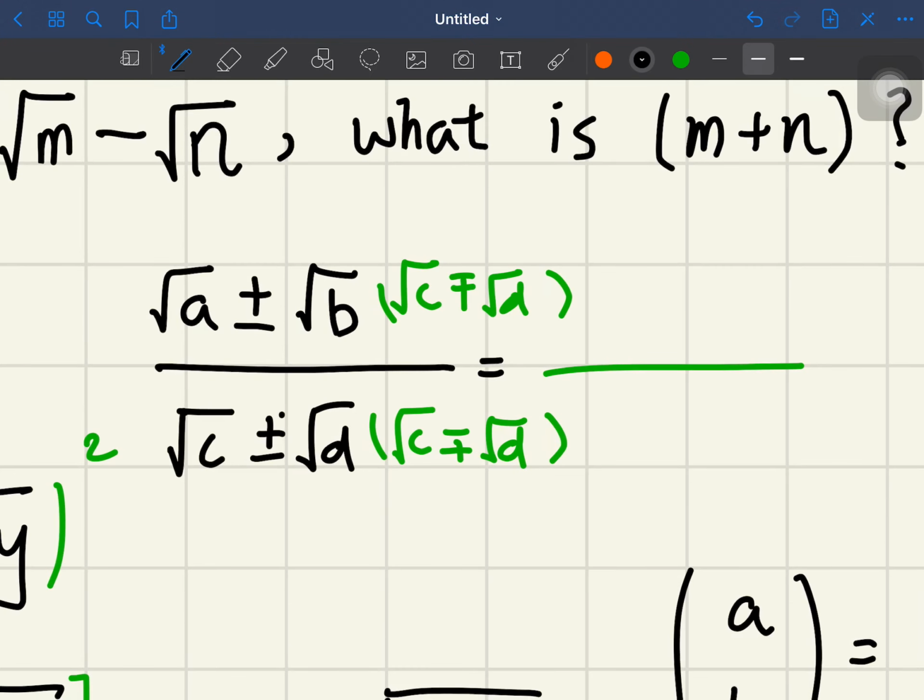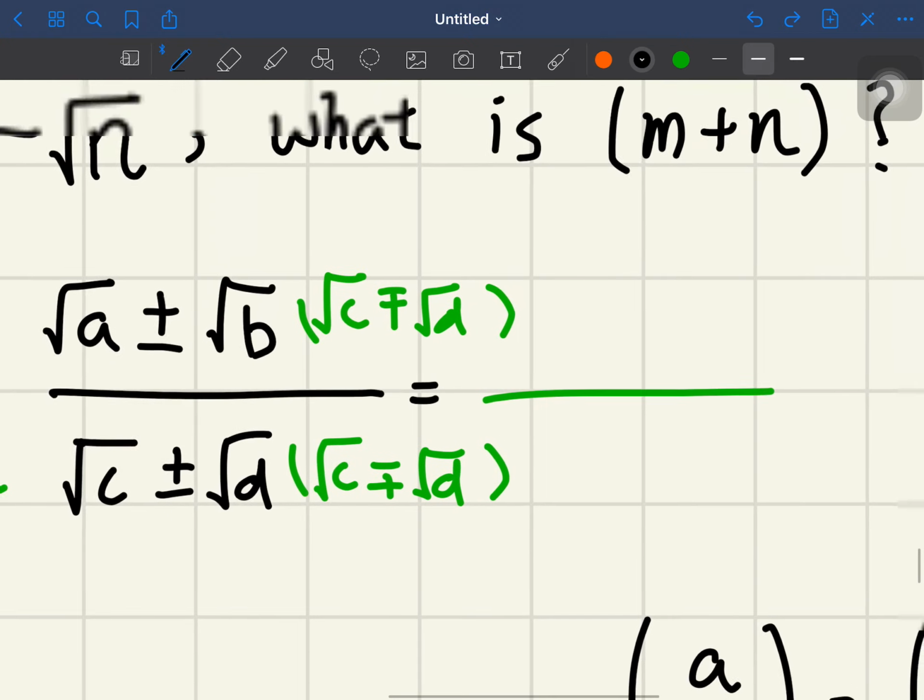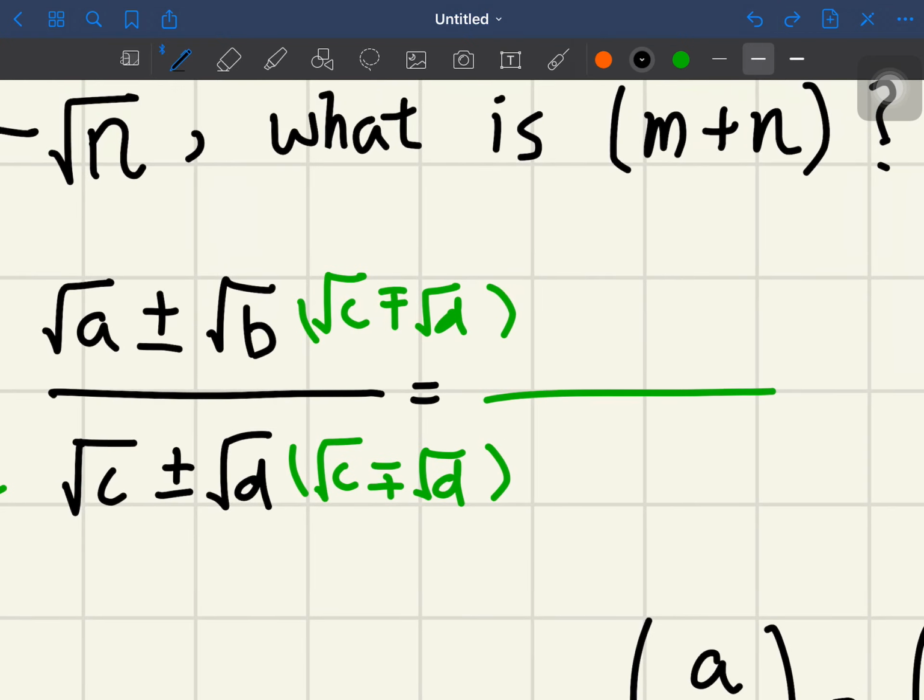Because of having plus, we have a conjugate of minus, and because we have minus, then we have a conjugate of plus.